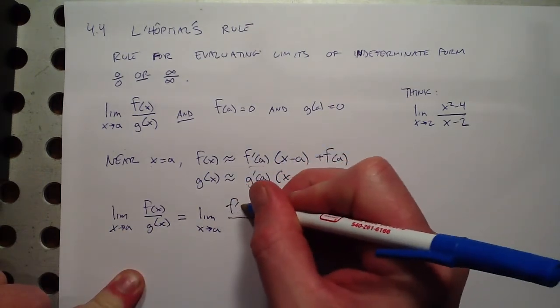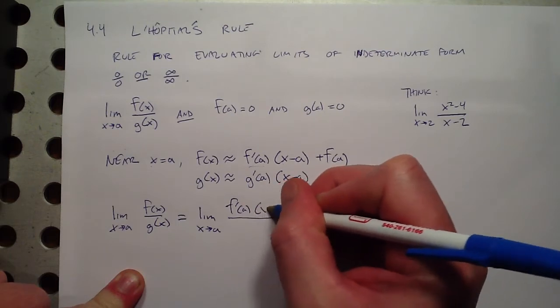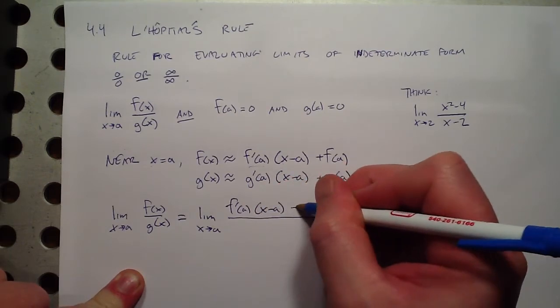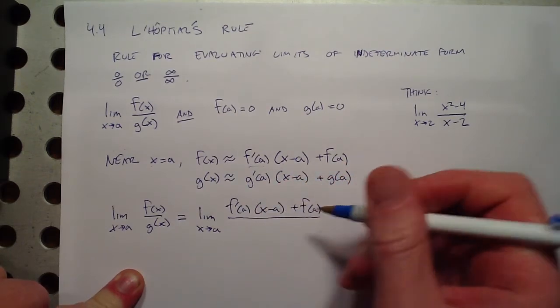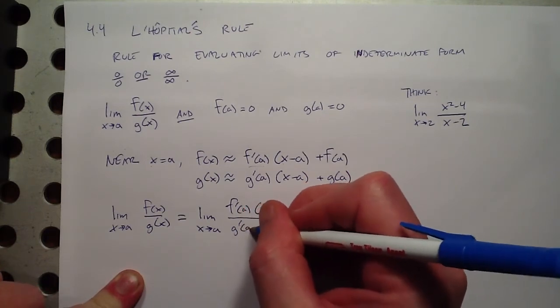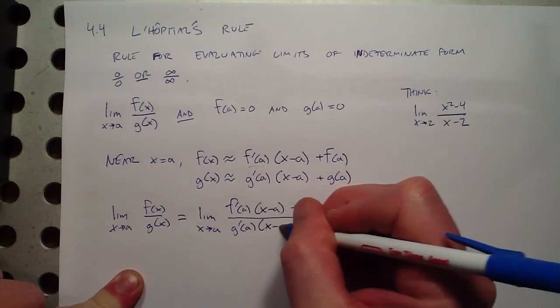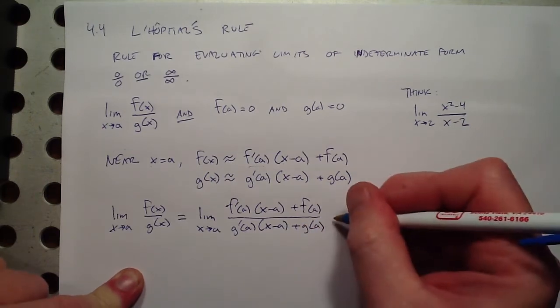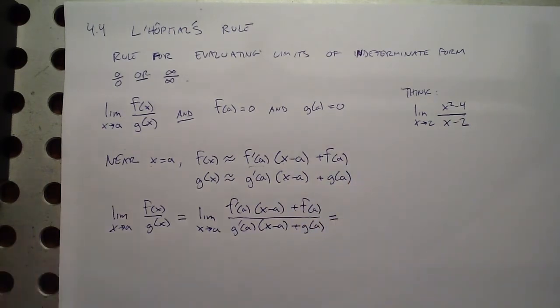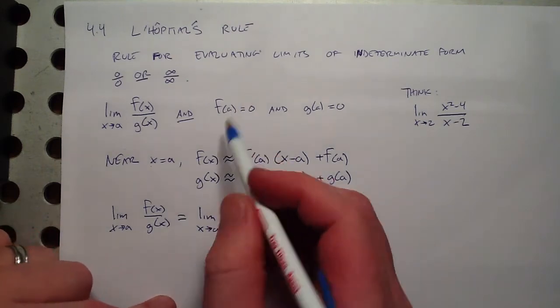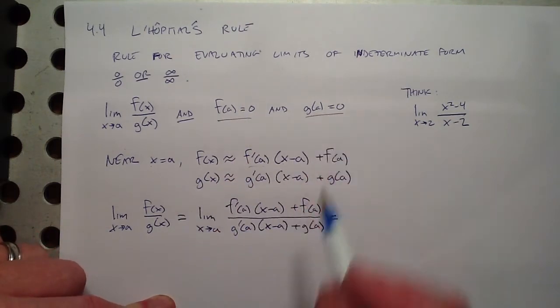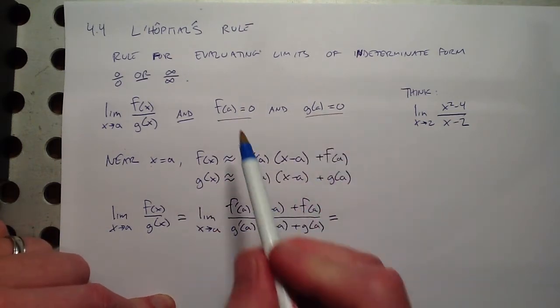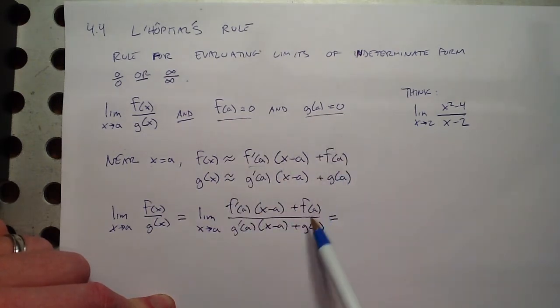So that would be f prime of a times x minus a plus f of a, over g prime of a times x minus a plus g of a. And let's see if we can simplify that a little bit. Well, remember, this is a 0 over 0 limit. So f of a is 0 and g of a is 0.